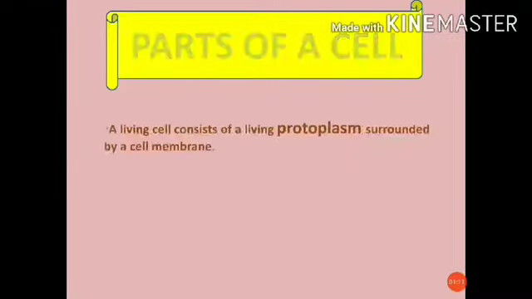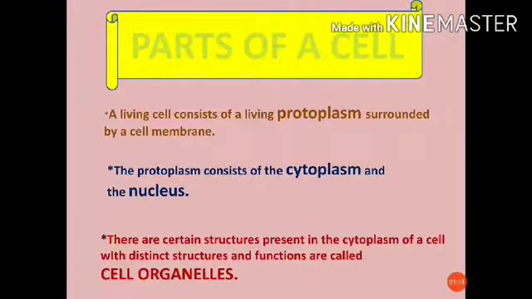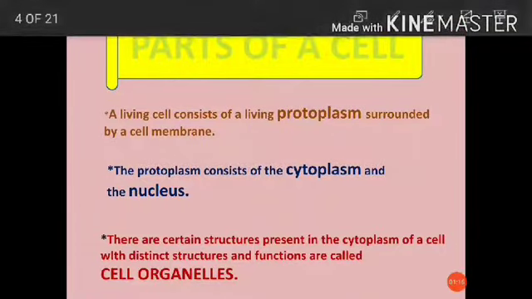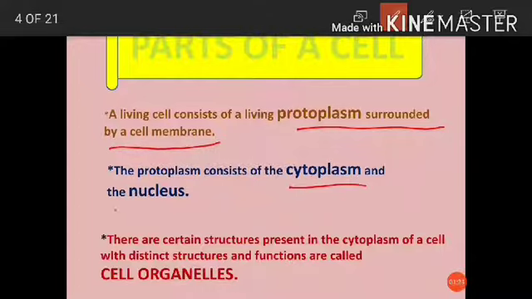Let's see the different components of a cell. It includes a living protoplasm surrounded by a cell membrane. The protoplasm consists of cytoplasm and the nucleus.